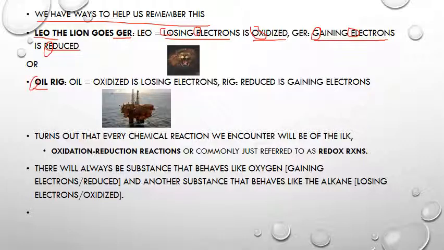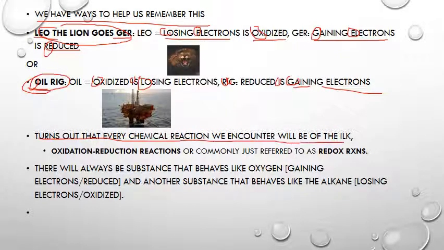Or another way is oil rig. Oxidized is losing electrons, reduced is gaining electrons.